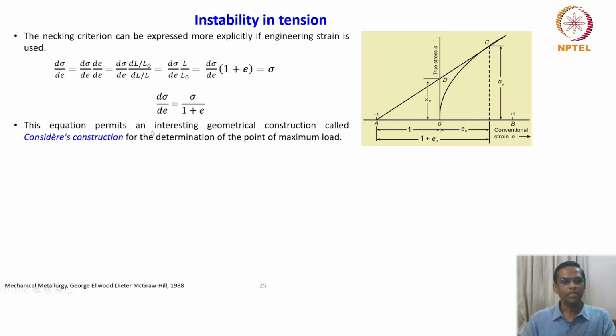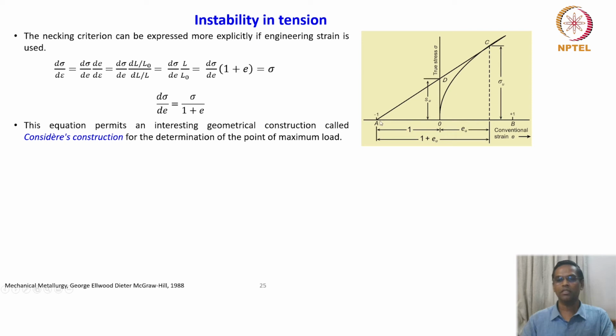This equation permits an interesting geometrical construction called Considère construction for the determination of the point of maximum load. Here again we are going to do the same exercise like what we have seen in the previous slide. Here it is called Considère construction or Considère condition. So what you have to see here is a sigma versus epsilon plot.